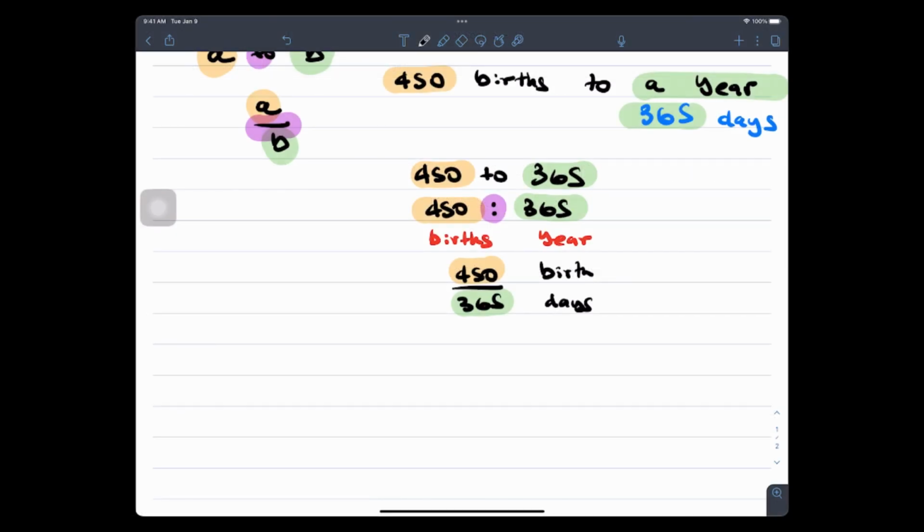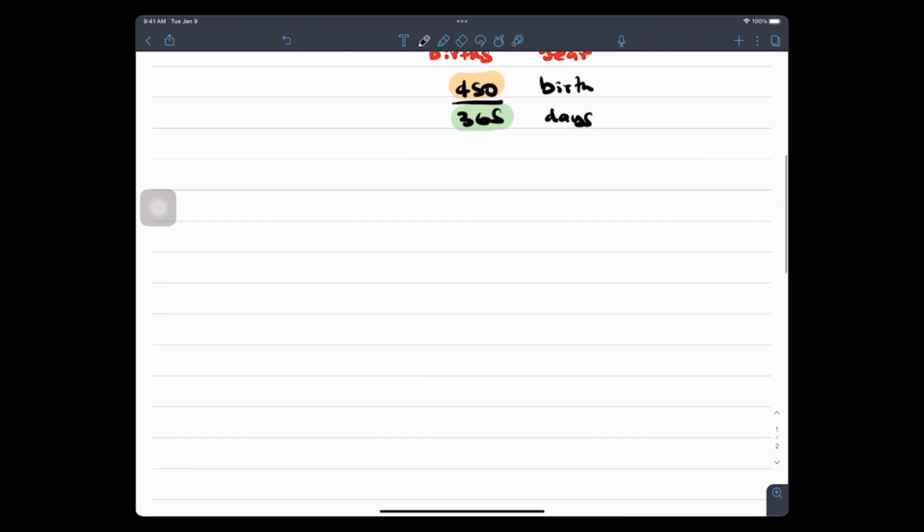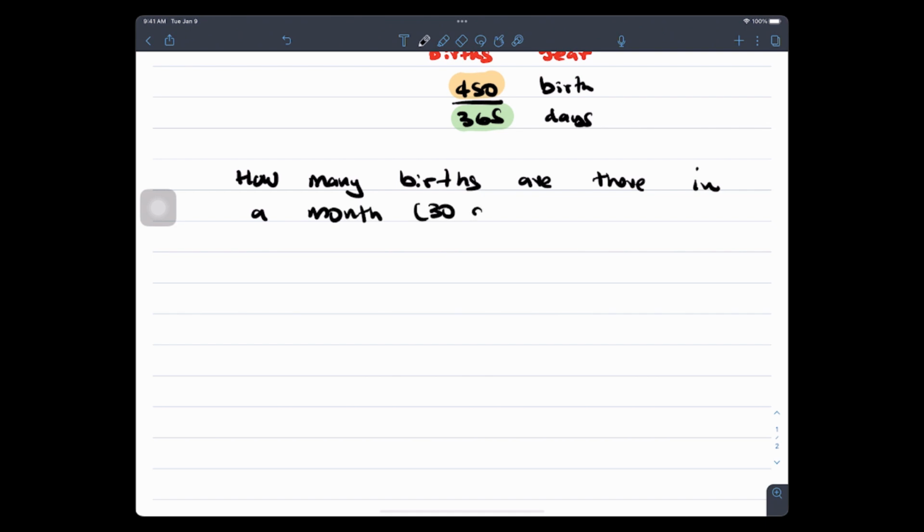How many births are there in a month? You go, no, not month, but in what? 30 days.